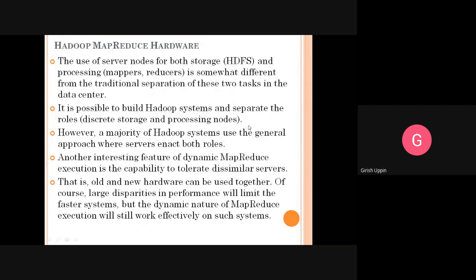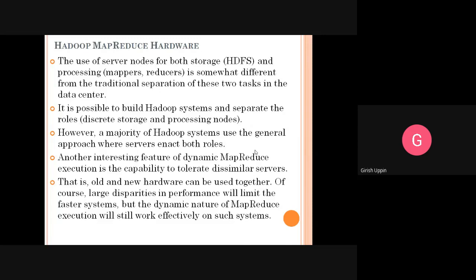We can have nodes which are used for storage, and nodes which are used for processing. However, the majority of Hadoop systems use the general approach where servers enact both roles. So in a Hadoop system, we will use servers which take care of both roles. They can be used for storage, and also for processing.